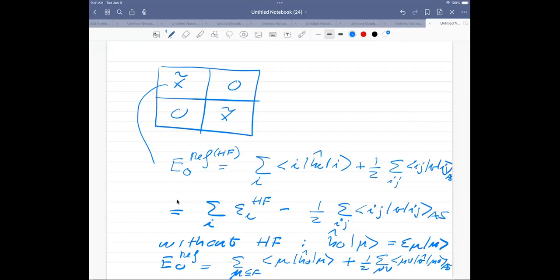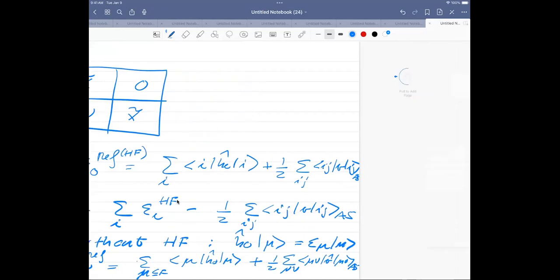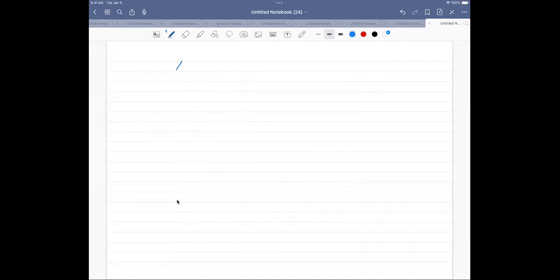And what we hope for is that these energies, which we obtain now with the new basis, are lower than the original one. So when we use the variational principle, if this is the exact energy, then since we don't have the exact wave function, we have the energy epsilon 0 of the reference of Hartree-Fock, which is normally less than or equal to the original one which we started with.